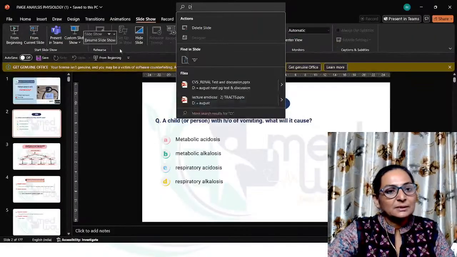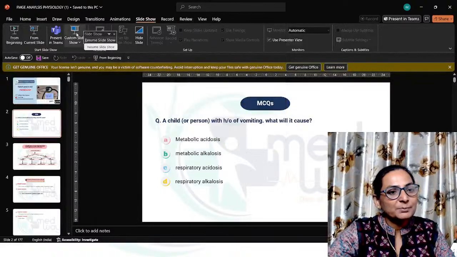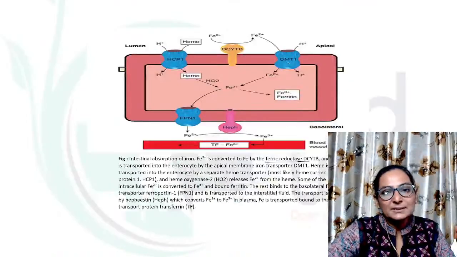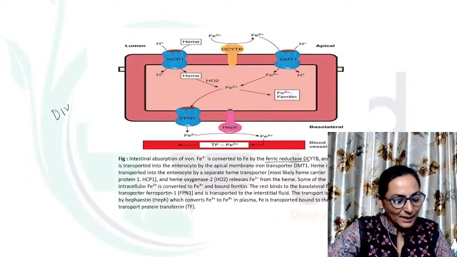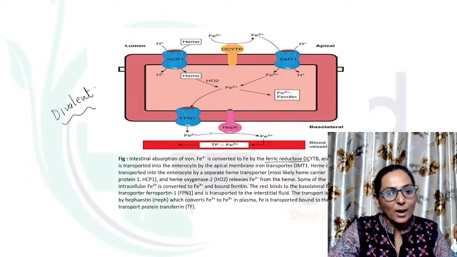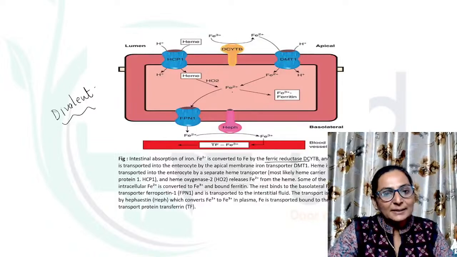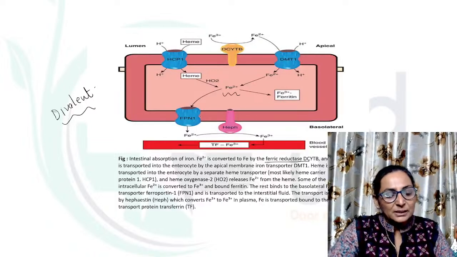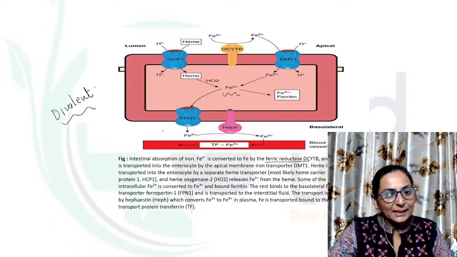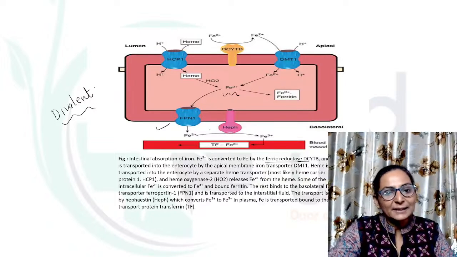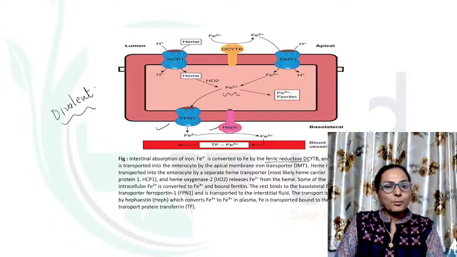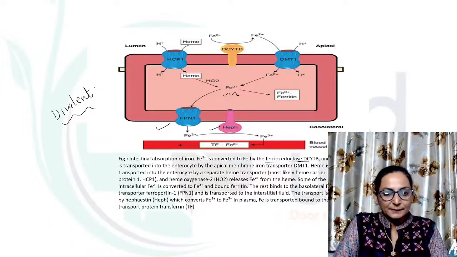It is divalent metal transporter 1. Once the iron comes inside, from the basolateral side, it is going to be absorbed with the help of ferroportin and hephaestin.